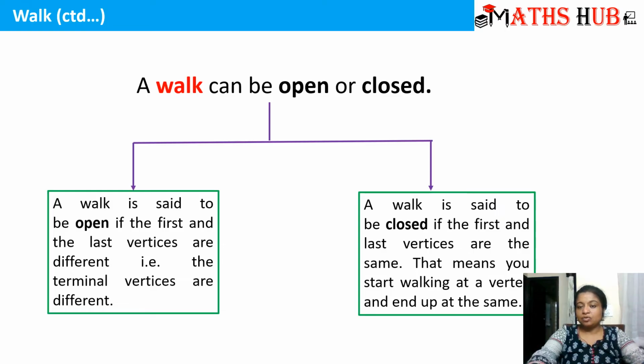That means when it is an open walk, obviously the initial and the final vertex will be different from each other. That is why it is open. And when it is a closed walk, then the initial and the terminal vertex have to be the same one, right? So this was about a walk.